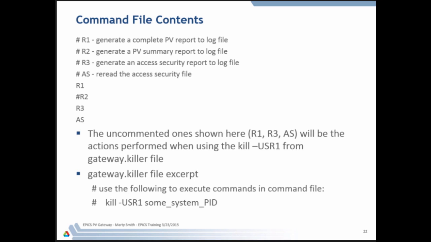What I do is I cat this gateway.killer file, copy and paste this line right on the command line, and it runs what I call my gateway.command file. You can call it whatever you want. And it'll run these reports or reload the access security, depending on which one you want to do. You just uncomment it.